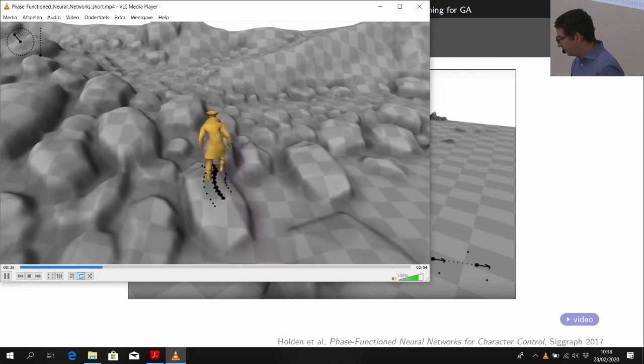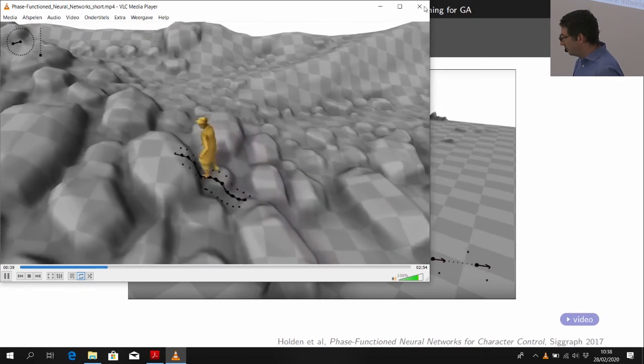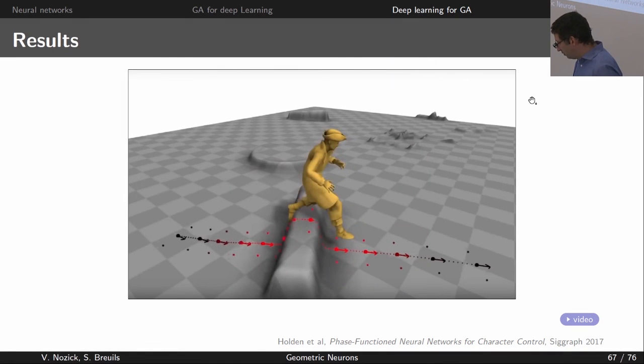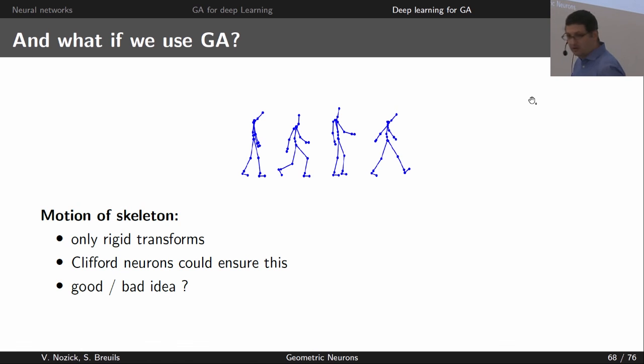So here we have kind of the same question that we had before with the deepfakes. For that kind of task, this is clearly a rigid transform. When you walk, the skeleton will not move, the arm will not get longer. So it's kind of evidence that this is a geometric problem, but here the geometry is not used.